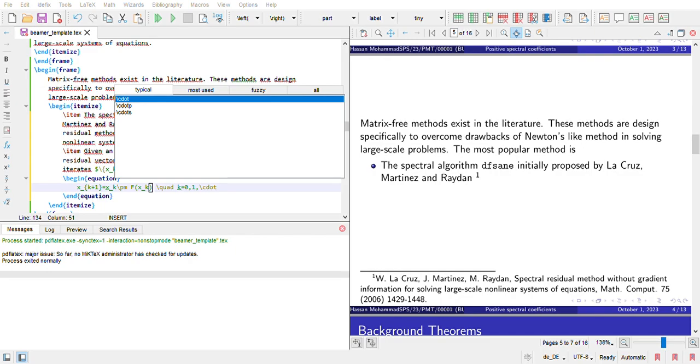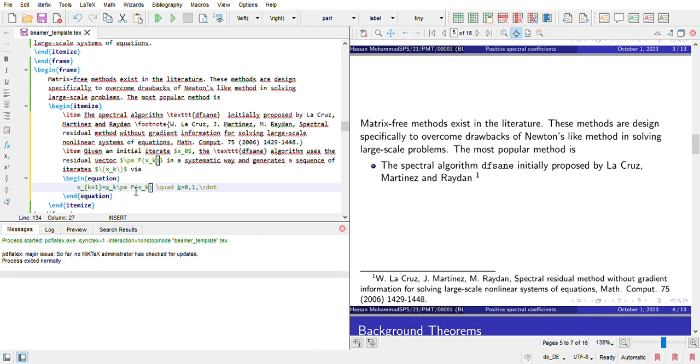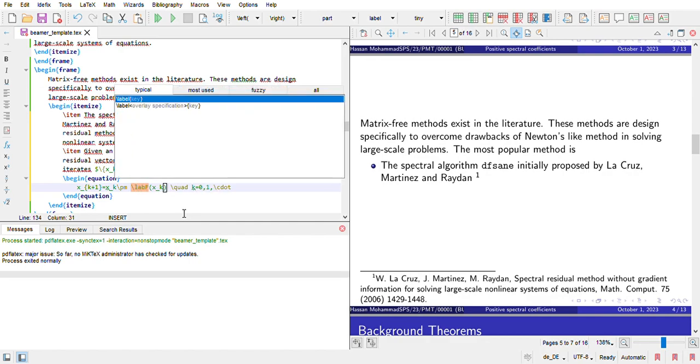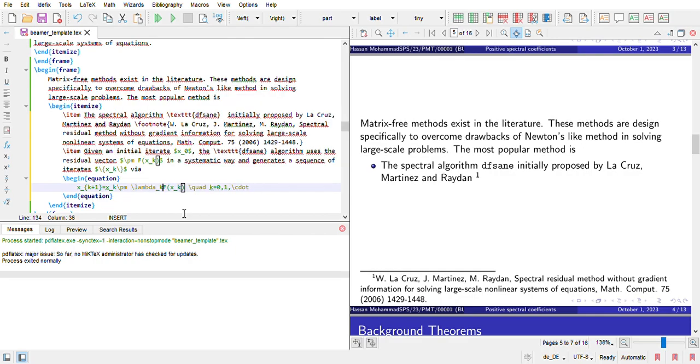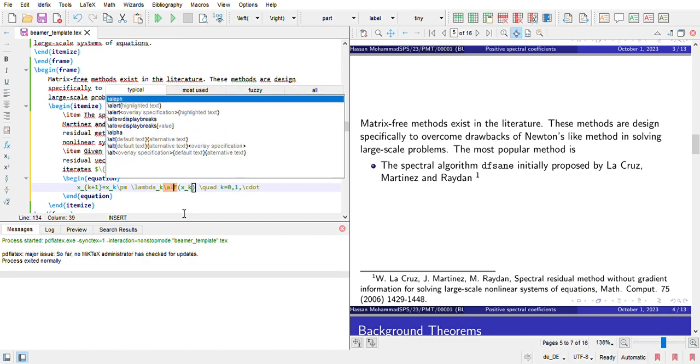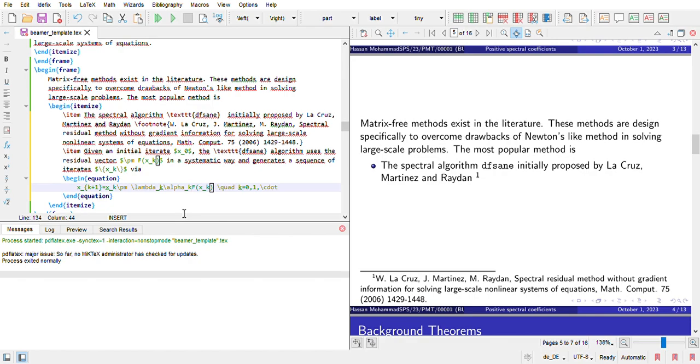Okay, I forgot to put lambda and alpha_k inside. So there is lambda before that. After that, plus or minus, I have \lambda, lambda_k, then \alpha_k.